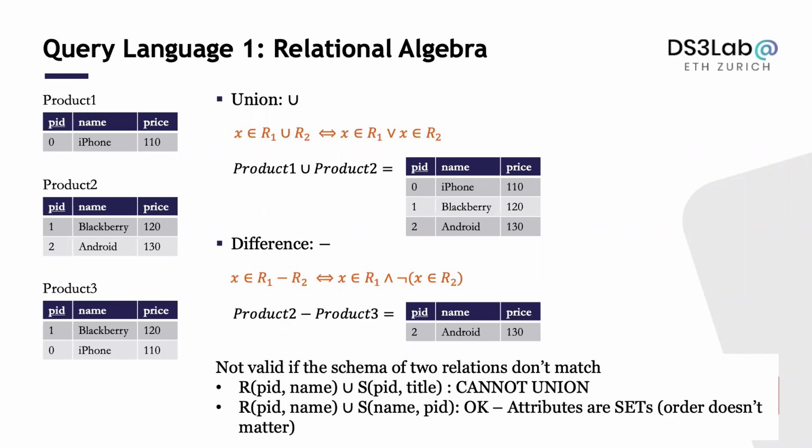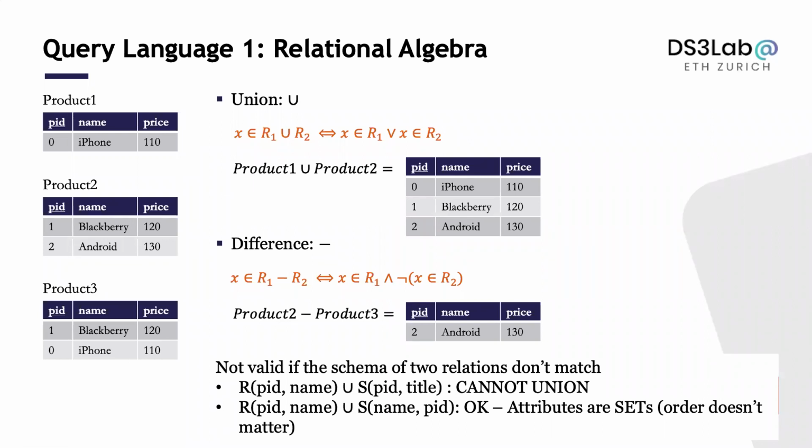On the other hand, because the attributes of a relation are a set, even if the order I'm writing them down doesn't match, you can still do set operations. For example, if I have a relation R with PID and name, and S with name and PID, I just write them in a different order, but because they are sets, their order doesn't really matter.